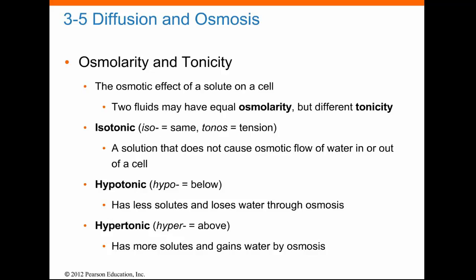So this is important when we look at red blood cells and fluid movement. So osmolarity and tonicity: the osmotic effect of a solution on a cell. If two fluids have equal osmolarity but different tonicity, then there can be movement. If the solution is isotonic, iso meaning same, tonus meaning tension, then the osmotic flow of water in and out doesn't occur because the solution is the same inside the cell as outside of the cell.